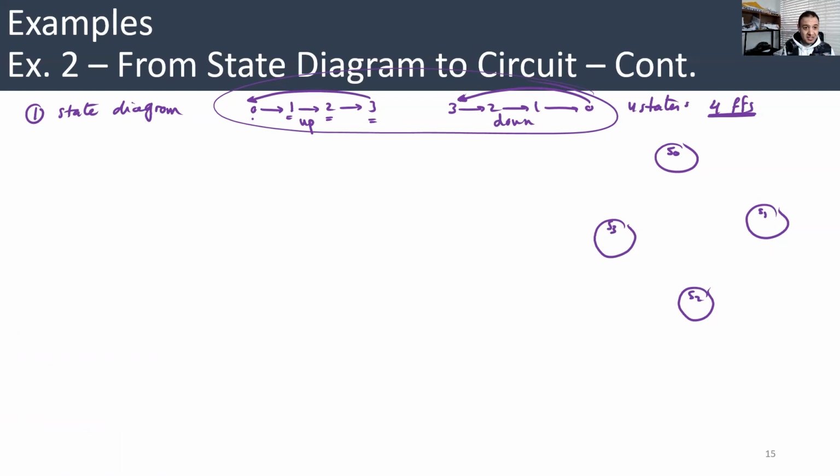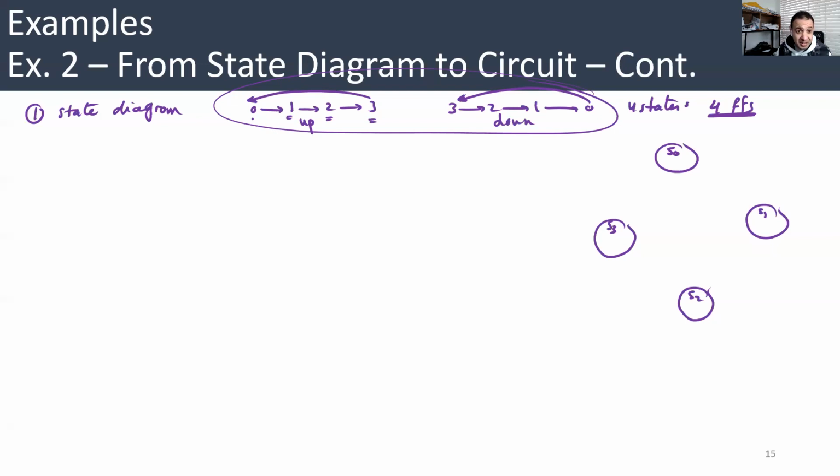So we have a state in which the output will be 0, 0. The output Y is the output of the combinational circuit, not the present state. And we have a state in which the output Y will be 0, 1, which is 1. And we have another state S2 in which the output will be 1, 0, which is 2. And we have a fourth state in which the output will be 1, 1, or 3.